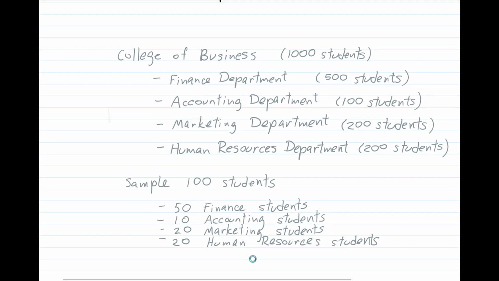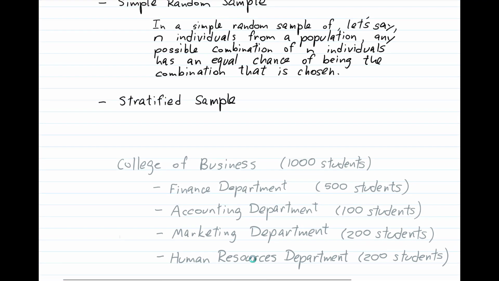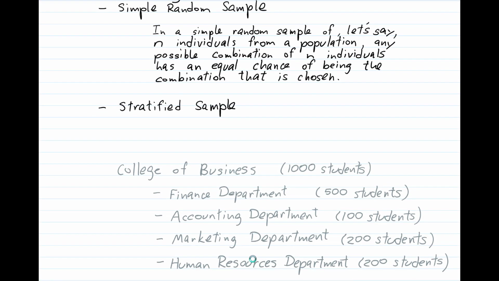All right, so let me write that down, the rules for stratified sample. So first, separate the population into groups called strata.